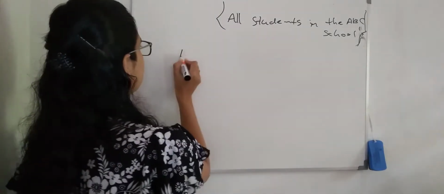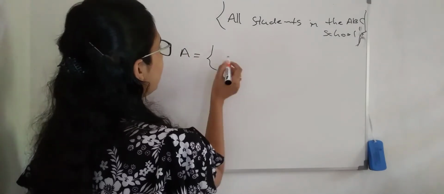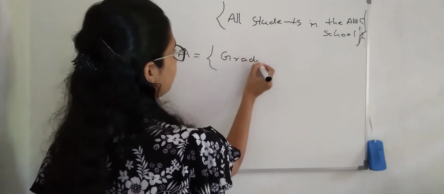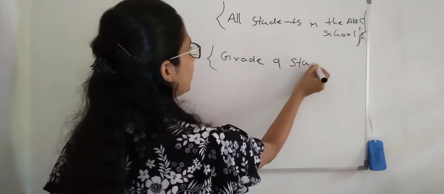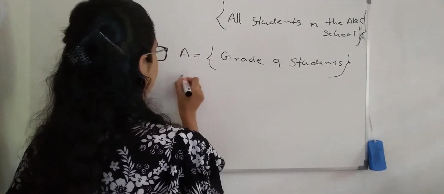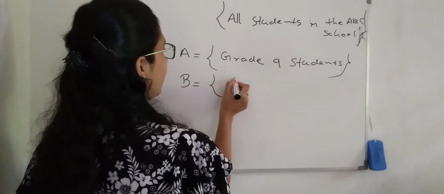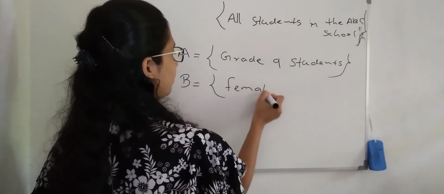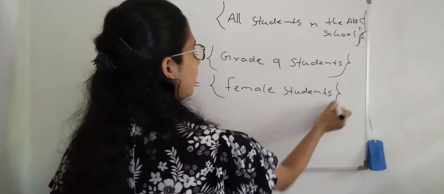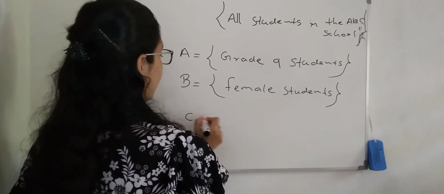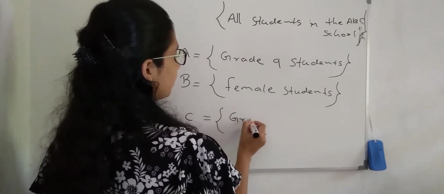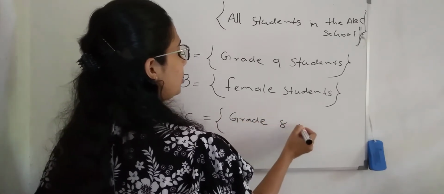Think the set A shows grade 9 students, set B shows female students, and set C shows grade 8 students.